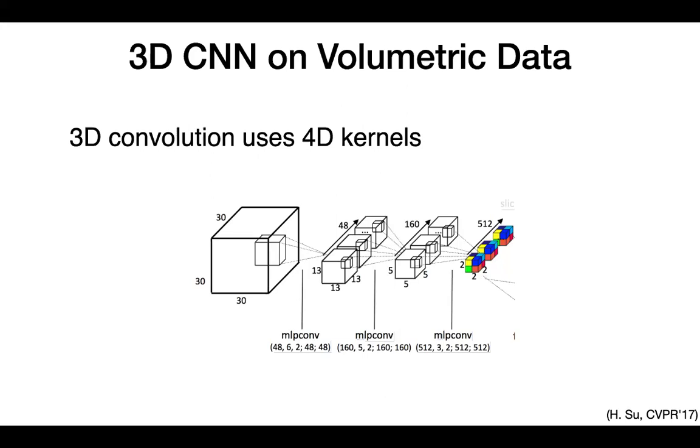Then in the second stage we reduce it to 5 by 5 by 5 with 160 filters, and then in the end it will be 2 by 2 by 2 features with 512 channels. And this is similar to what we have seen in 2D neural networks. The only difference is that we have these filter kernels with higher dimensions, but the rest is the same, right?